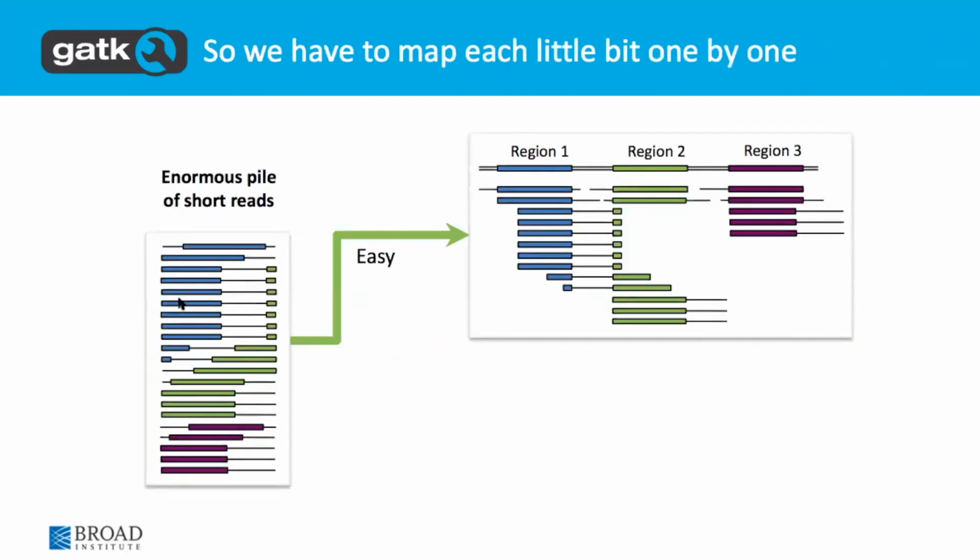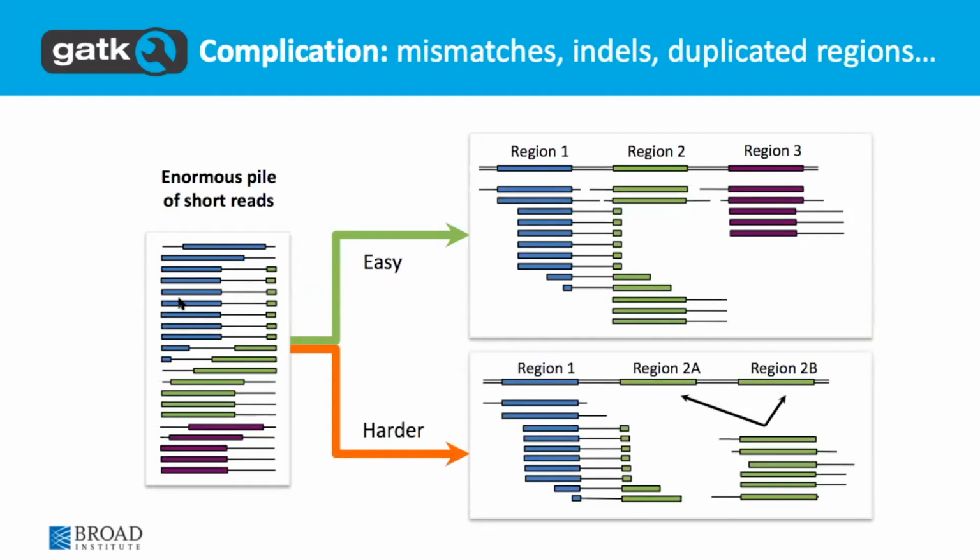An easy case would be that you have this pile of reads and you know which regions they come from, and in most cases your genome is pretty different from the rest of it. So it's easy to find these reads and map them to specific regions. But sometimes it gets complicated, for example, if your reference itself has duplicated regions.